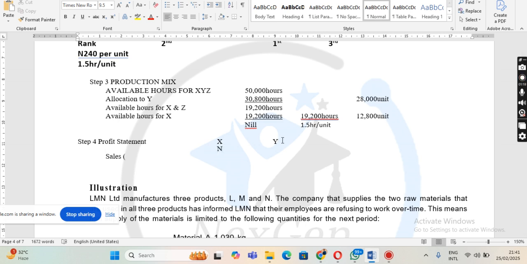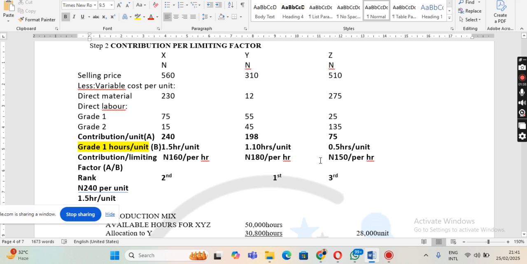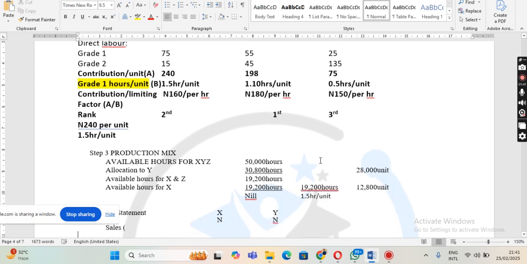Is this 28,000 units and 12,000 units? Don't go and use that sales. So now we can multiply. What is the selling price? Let's check the selling price: 560 and 310.